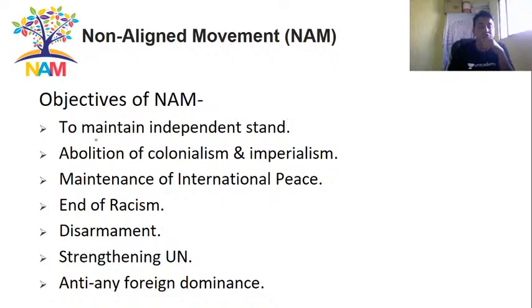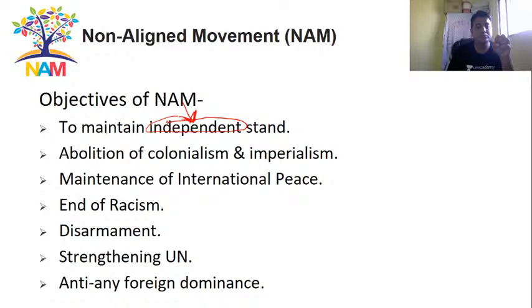The first and most important objective is to maintain independent status. So please remember, whenever the word NAM is there, this is always the first word. Independent, they love independent. Independent foreign policy, independent stand. Clear? So what's the objective?